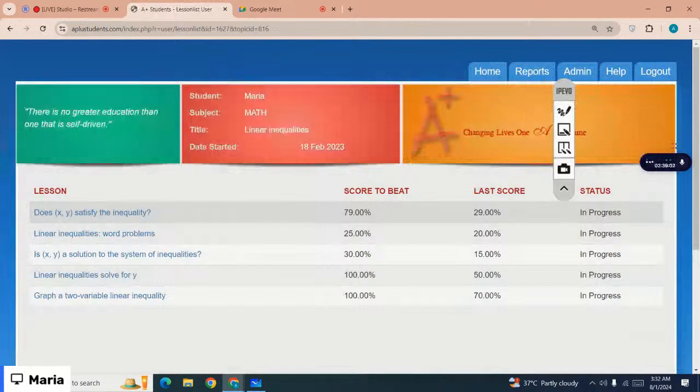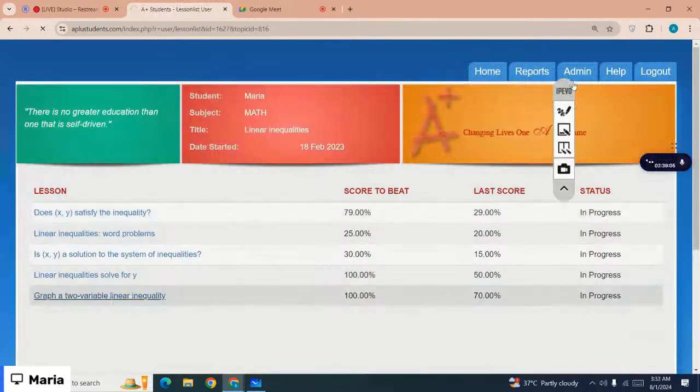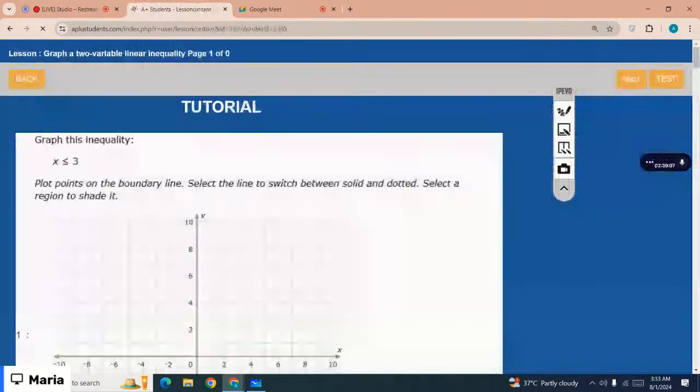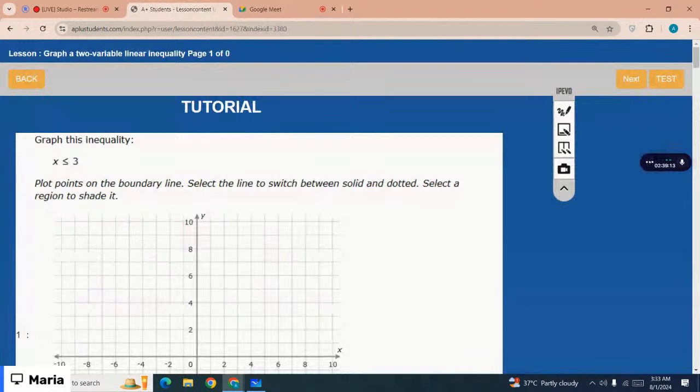that is graph a two variable linear inequality. Let's just start with the graph of the inequality x is less than or equal to 3.